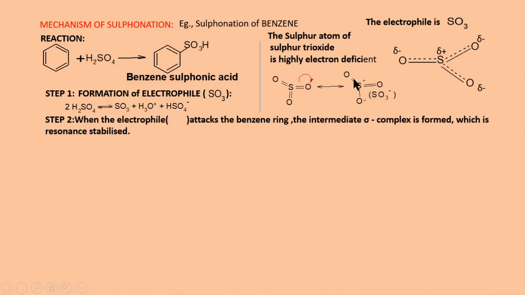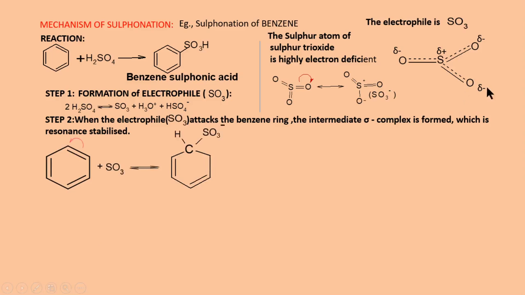So let us consider this in step 2. When the electrophile attacks the benzene ring, the S plus O3 minus only attacks. Here we are representing it as a neutral molecule, but the neutral molecule has this structure, so only S plus will go and attack.